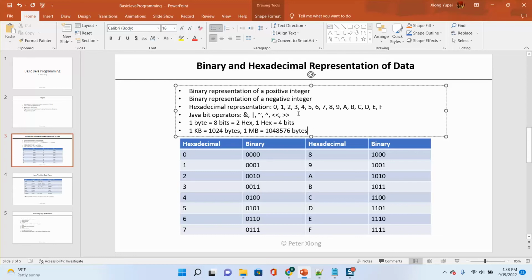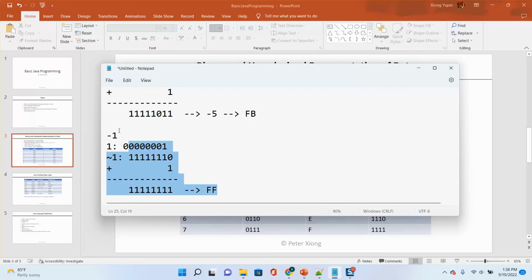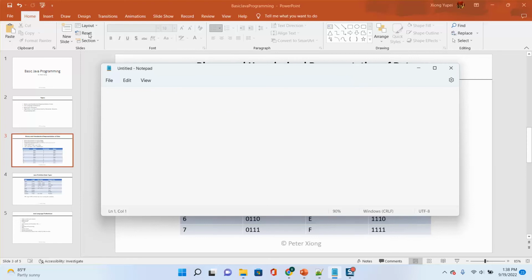Now let's come back to the bit operator. I will remove all of this. So first we talk about the bit operator AND. The rule is this is AND. So we have 1, we have 0, we have 1.